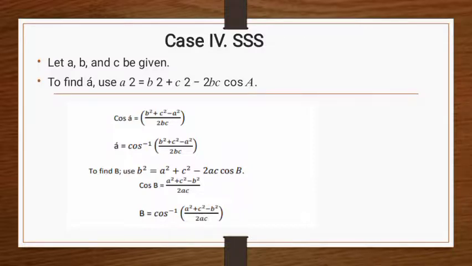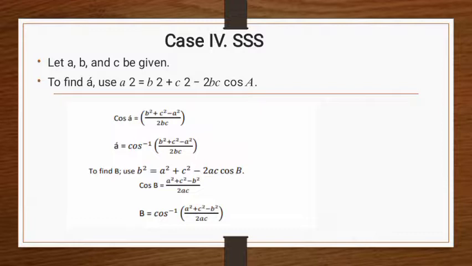A equals cos inverse of B squared plus C squared minus A squared over 2BC. To find B, use B squared equals A squared plus C squared minus 2AC cos B. Cos B equals A squared plus C squared minus B squared over 2AC.